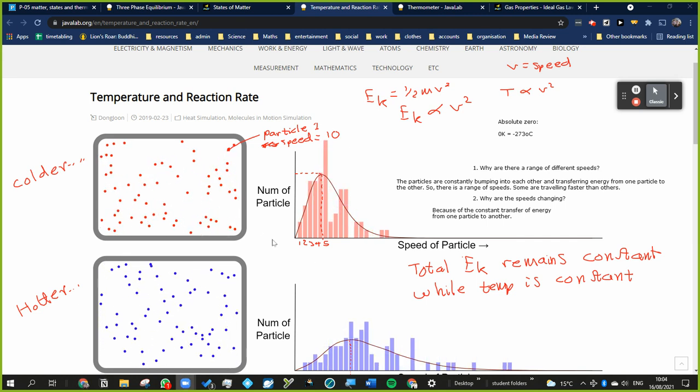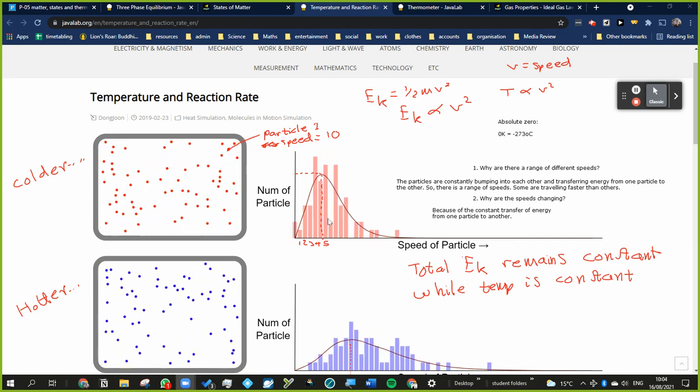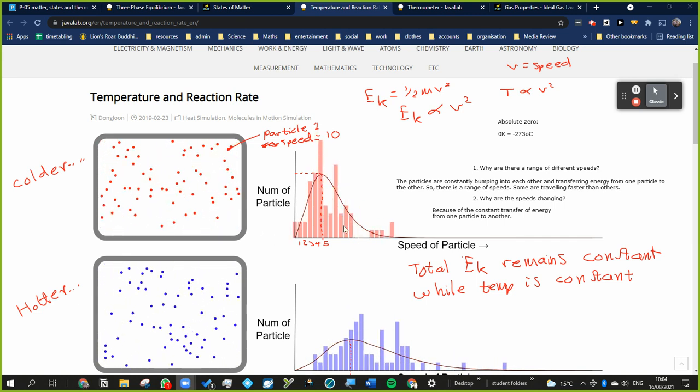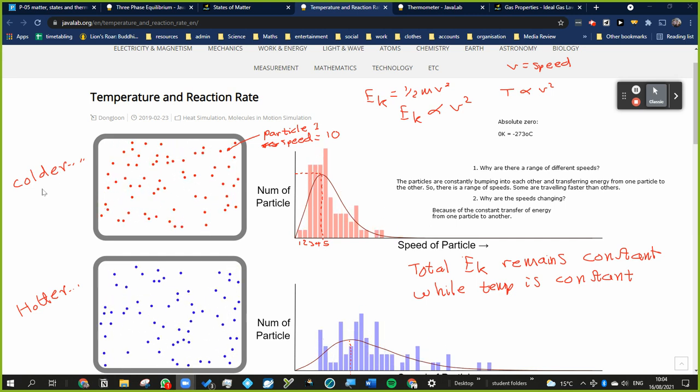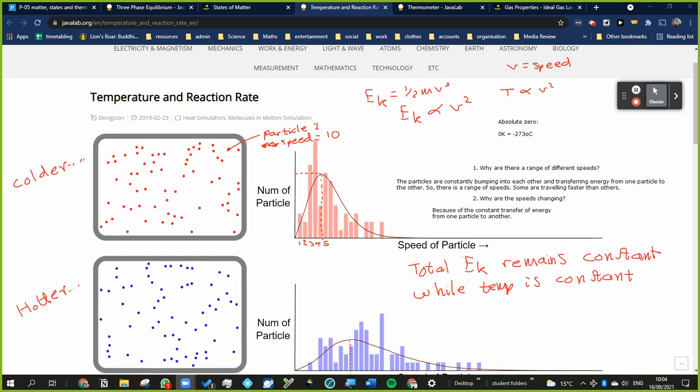So when it's colder, there's less of a spread. Let's write these key points here.